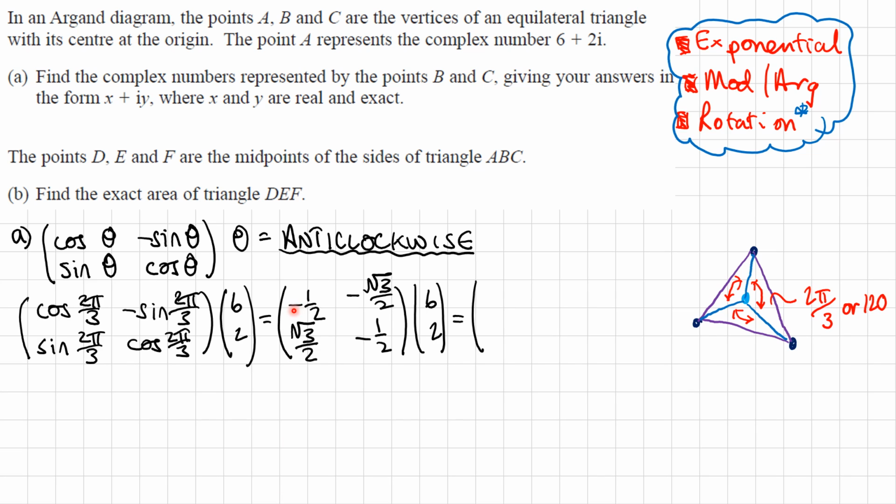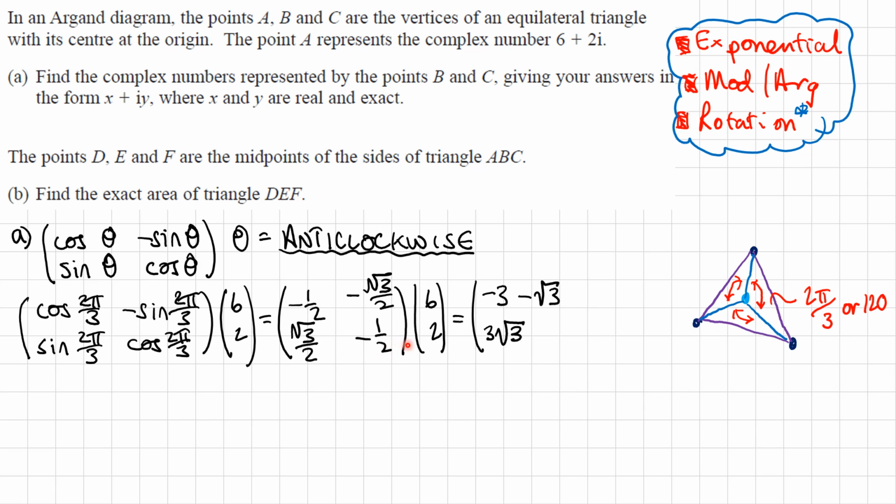Right, so let's multiply this out. So negative a half times 6, that's minus 3. And then minus root 3 over 2 times 2, so minus root 3. And then for the bottom down here, root 3 over 2 times 6 is going to be 3 root 3.